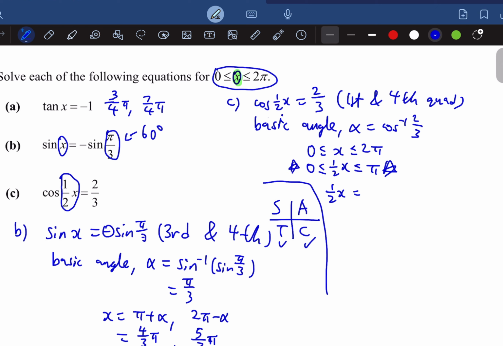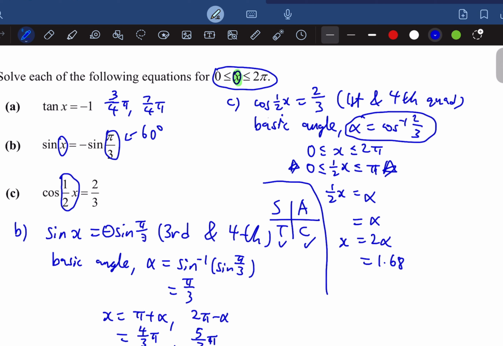So half x equals alpha, which is the first quadrant. The fourth quadrant we don't need to write because we know it only rotates to the second quadrant. So half x equals alpha, and my x equals 2 alpha, which you can multiply with this answer, which I will be saving in my calculator. So it'll be answer, not exact, 3SF.